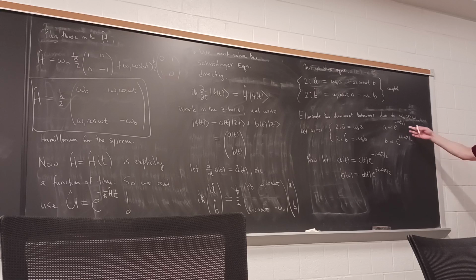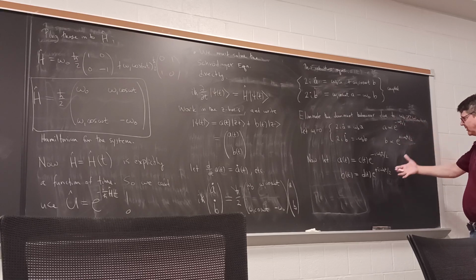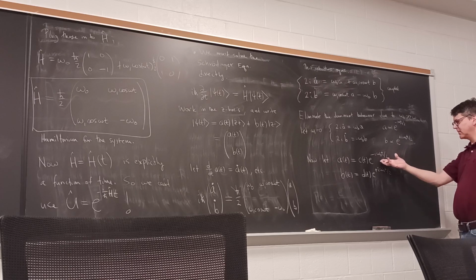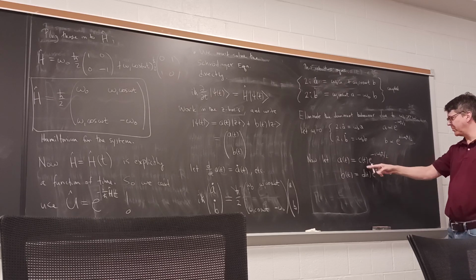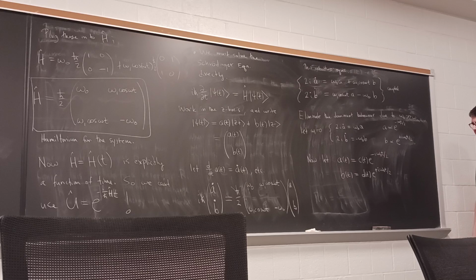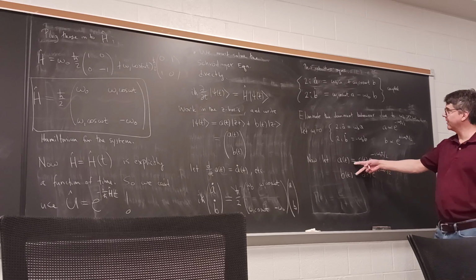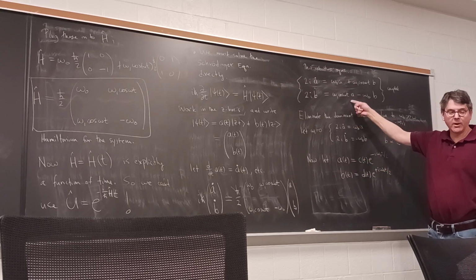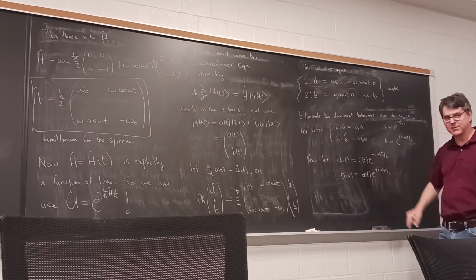What we've done here is we've said, I know A is behaving like this, so let's let that be the dominant behavior, and then we'll put in some other C of t here. Then I can plug these back into this set of equations, and I can find differential equations for C and D.